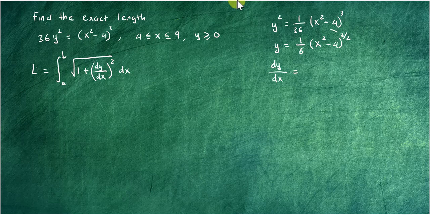I'm going to bring down the 3/2, so 1 over 6 times 3/2, and then subtract 1 from the exponent. So 3/2 minus 1 is 1/2.